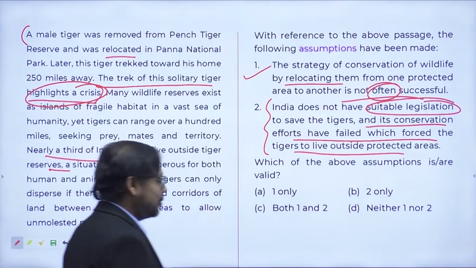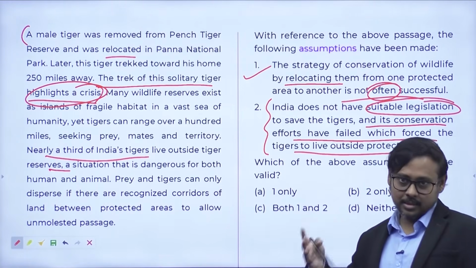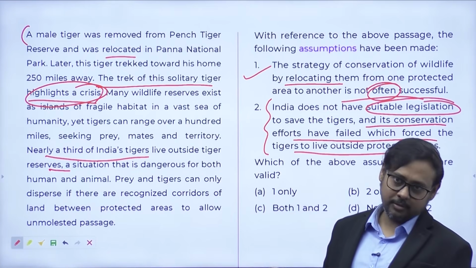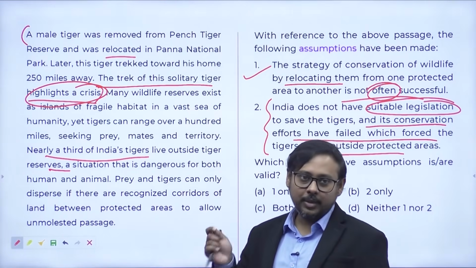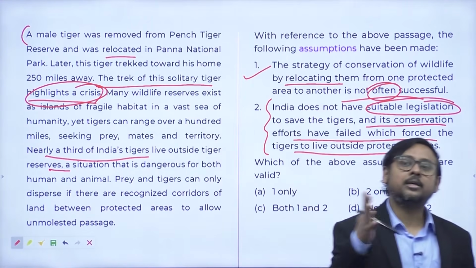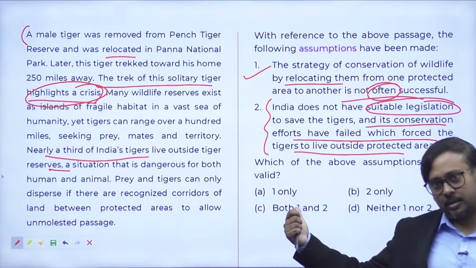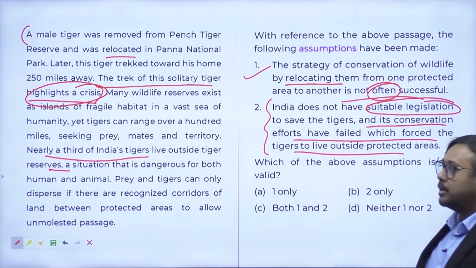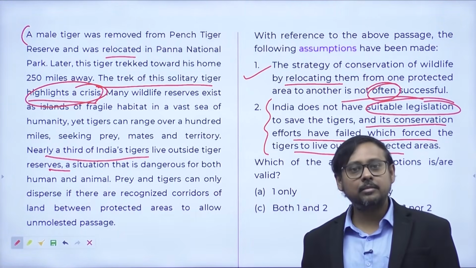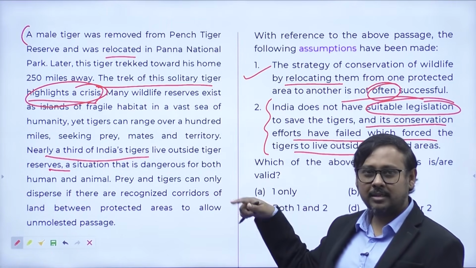Yes, I was coming to that. Did I tell you yesterday that in science and environment we can have this kind of knowledge? When somebody is writing a passage, what he's assuming must be true to write the passage. India does not have a suitable legislation, but we have the WPA 72, which is another legislation.